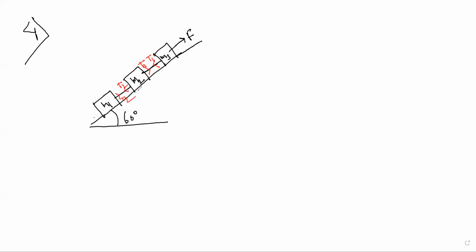The main thing in dealing with Newton's law is the free body diagram. You must have a good understanding of the forces acting on the body. So now I am going to write the free body diagram of M3. What is happening with M3?